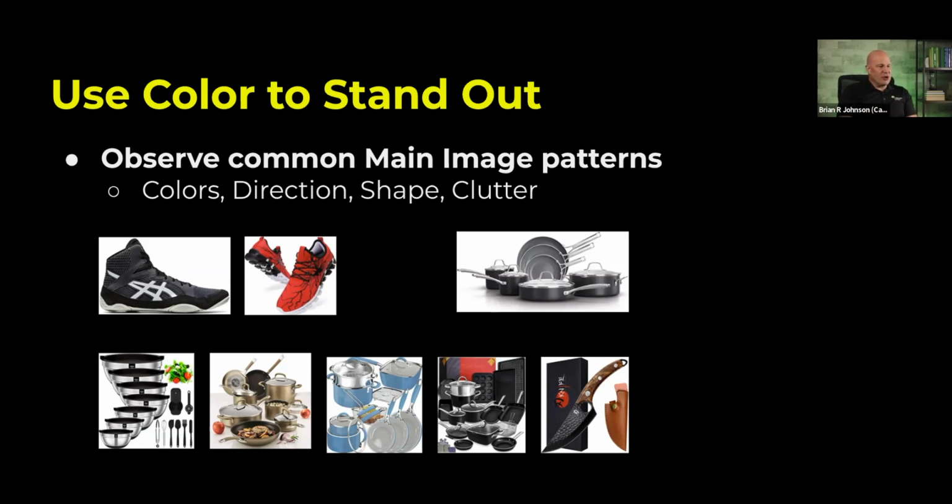So if you look at some of the examples down below, in the bottom left-hand corner, you see a bunch of stainless steel bowls with black lids. Let's say all of your competition had a similar pattern in that they're all stainless steel bowls and they all had black or dark colored lids, right? What they've done here is they've done a little splash.